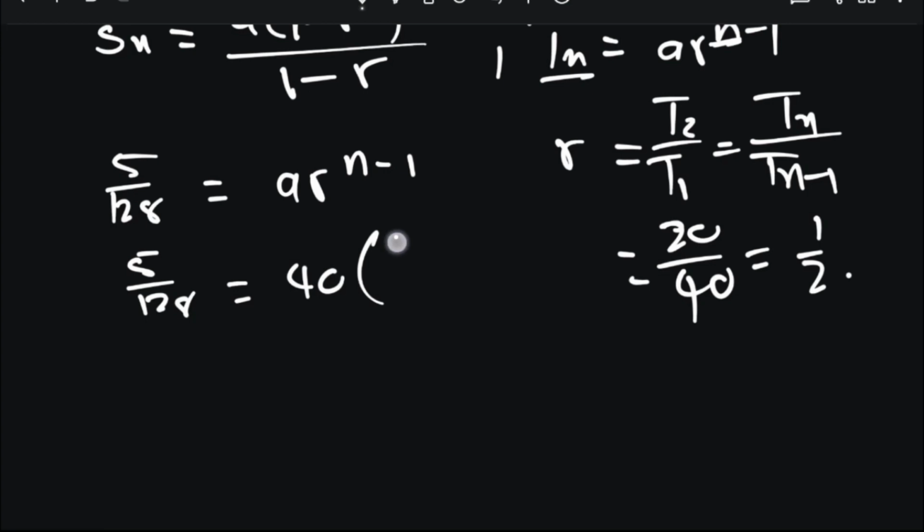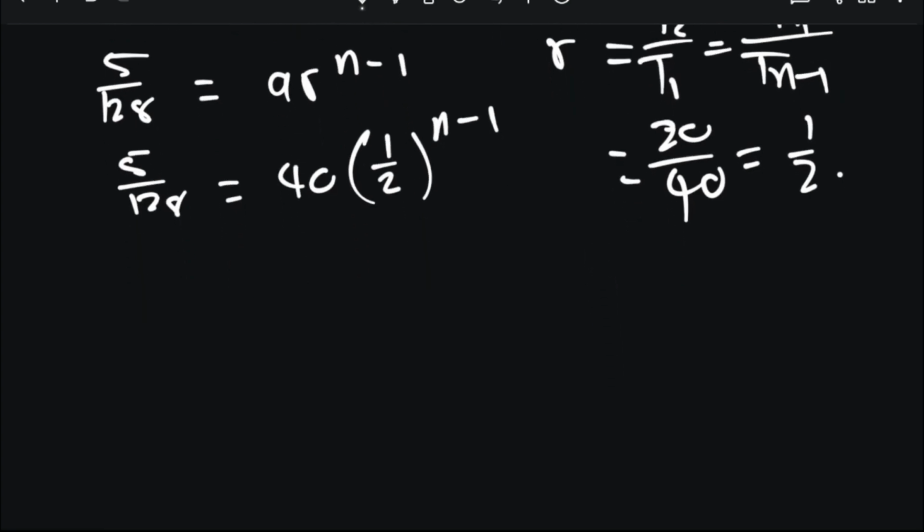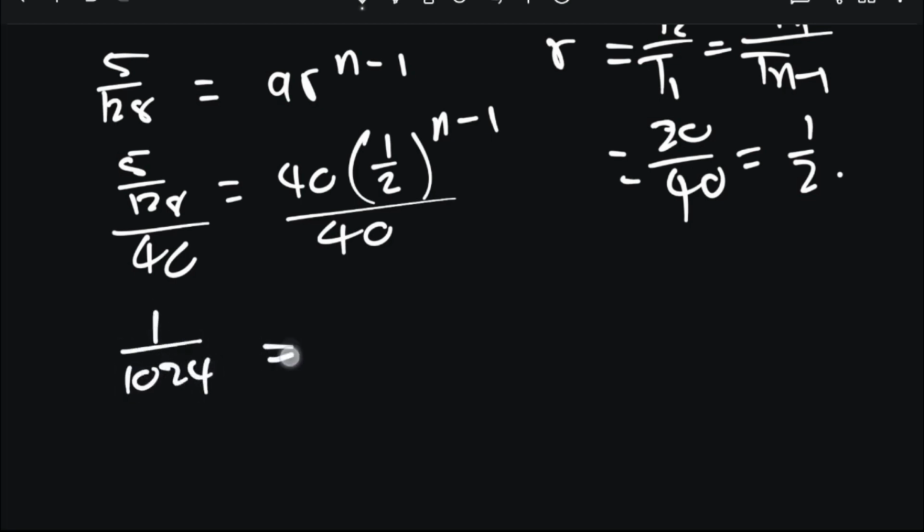So we have 5 over 128 is equal to 40 times (1 over 2) all to the power n minus 1, because we do not know the value of n. That's what we are looking for. The next step is to divide by 40 on both sides. Let's use a calculator for this. 5 over 128 divided by 40 gives 1 over 1024, which is equal to 1 over 2 to the power n minus 1.